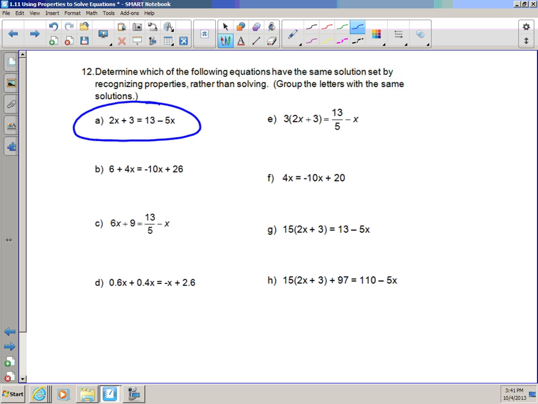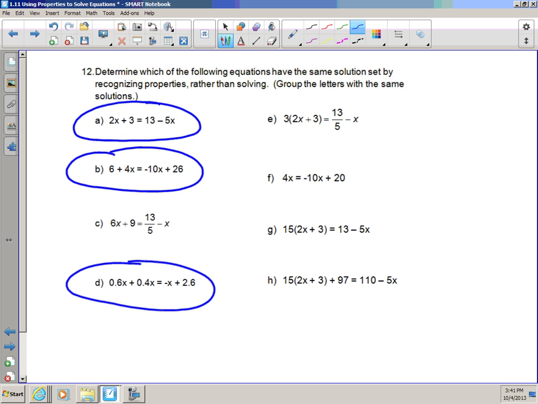A and B should be pretty clear that A times 2 is equal to B. Then, if you were to take B and divide each term by 10, you get D. And then if you look at F, what happened in F is I subtracted a 6 from both sides from B. So those 4 are the same.